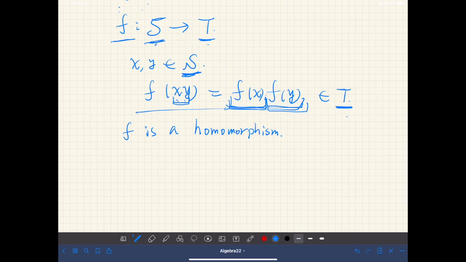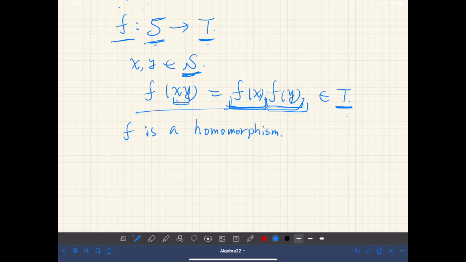Any monoid and any group is also a semigroup. A monoid is just a semigroup with the identity element, and a group is a semigroup with the identity element and inverse elements. So this definition of homomorphism also applies to monoids and groups.